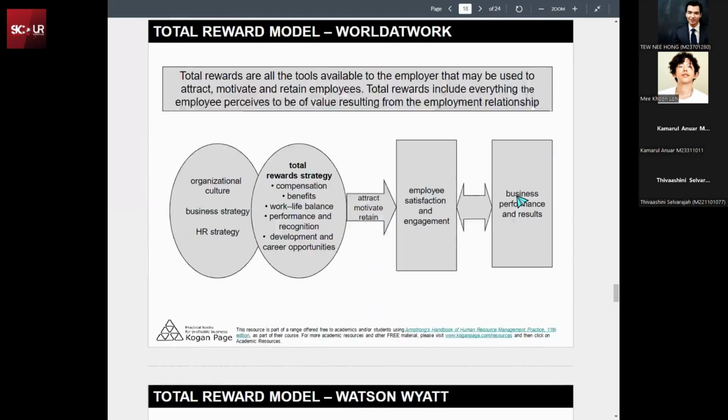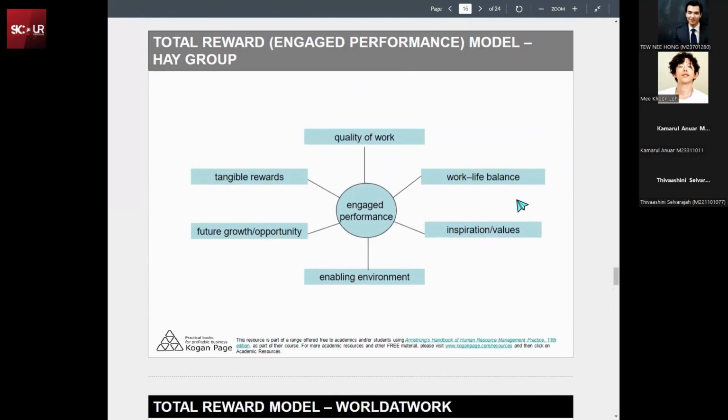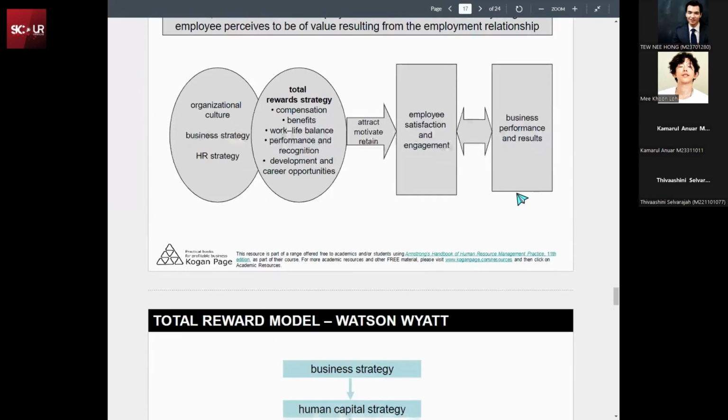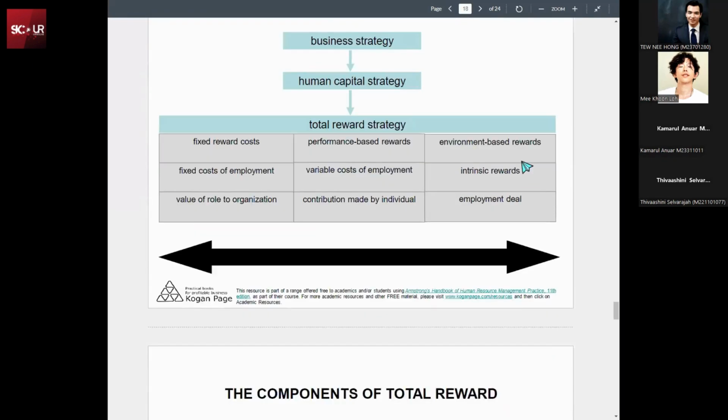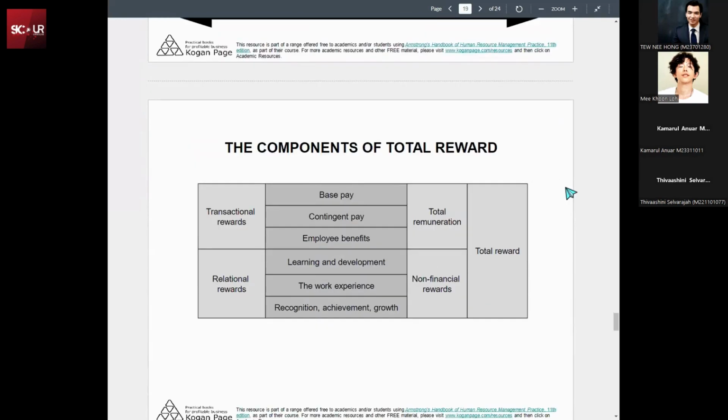Either we are using the A group, work at work, or Watson-Wyatt, we can actually put ourselves to use the terminologies of the system, which is the total reward itself has 2 reward systems, which is transactional reward and relational reward. The transactional reward to gain employee engagement is base pay, contingency pay, and employee benefit. We call it total remuneration.